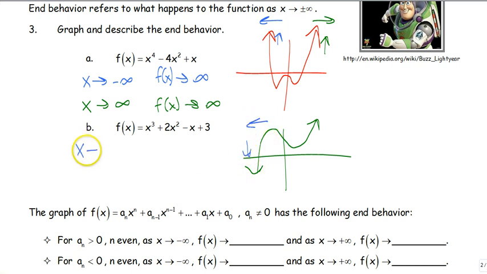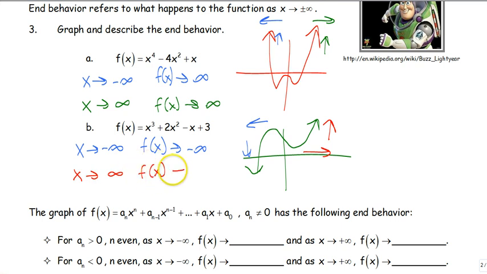So as x goes to -infinity, my function is also going to -infinity. As x goes off to infinity to the right, my graph is going up. So as x goes to infinity to the right, my graph is going up to infinity forever. So it's going to positive infinity.